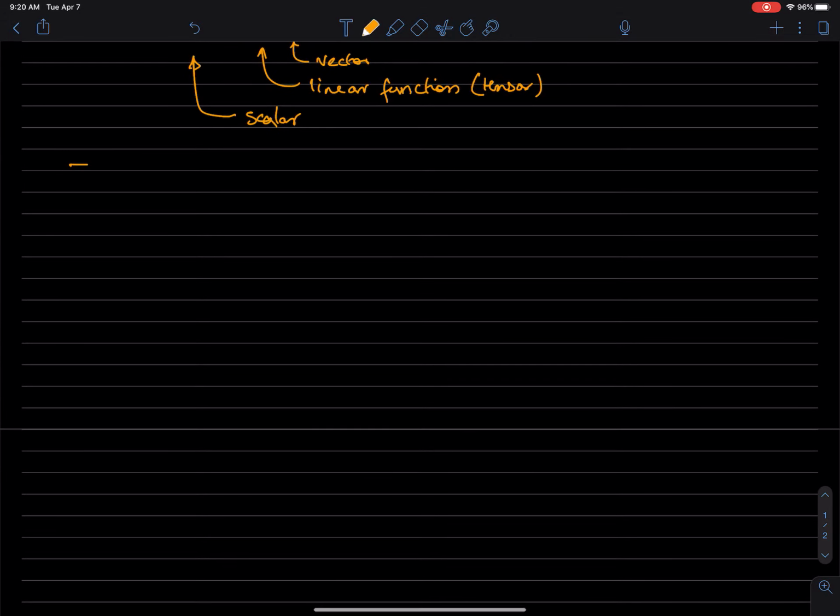Okay, so let's consider some vector v equals, and let's say it's represented in some coordinate frame. Okay, and then we see how that vector gets transformed by this linear operation. Because it's a linear function, let's just substitute this in.